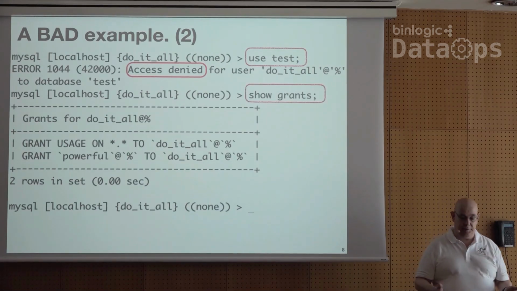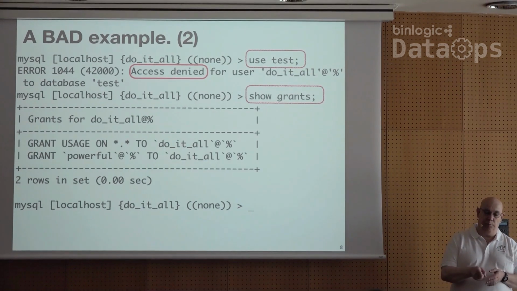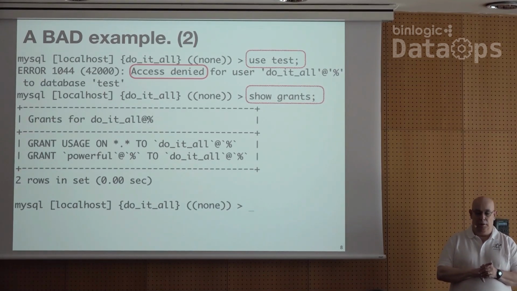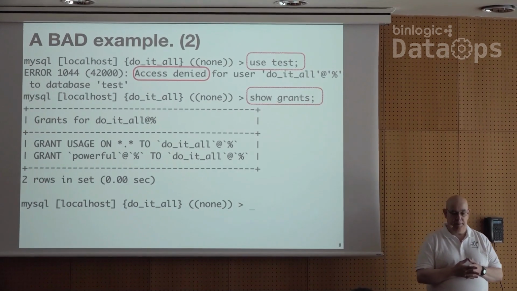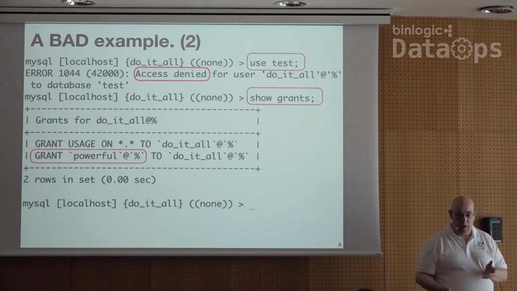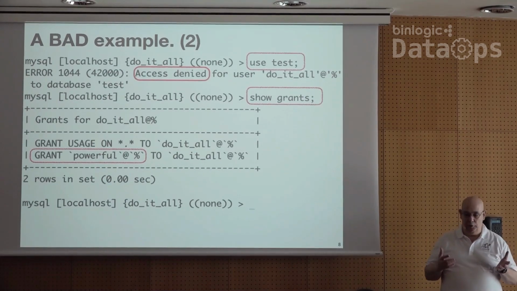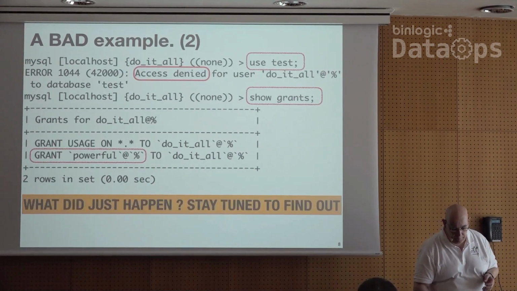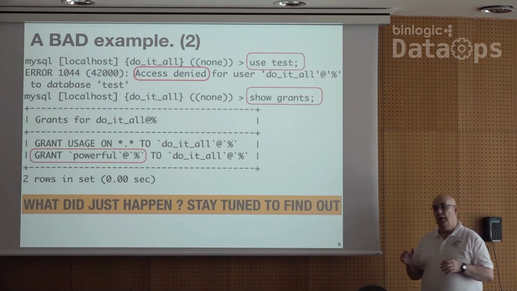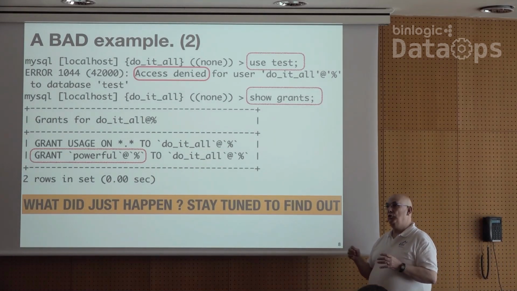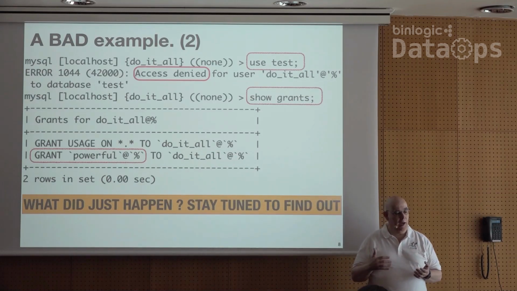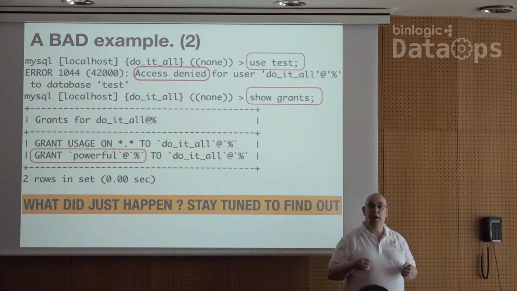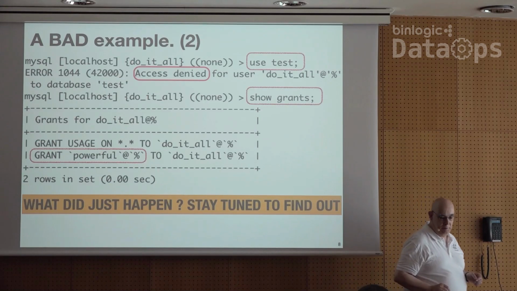The show grants says that yes, I have the powerful role within my powers. So why is it that I cannot access this database? Let me not give you the answer right now. I'm going to show you how roles work, and then we are going to revisit this bad example.